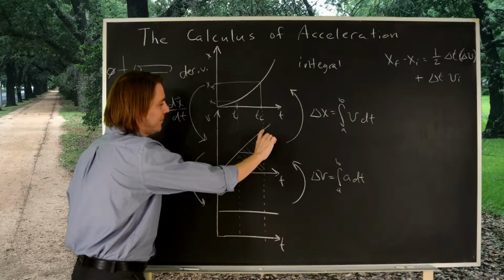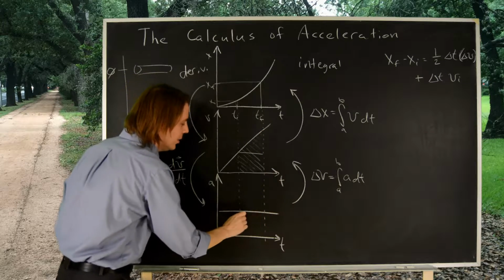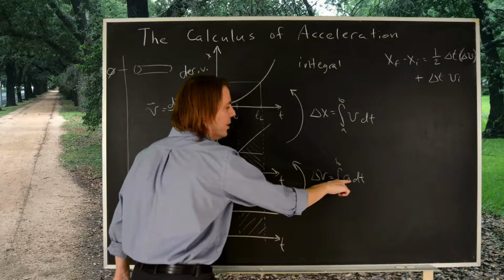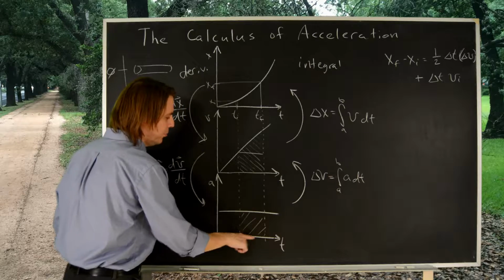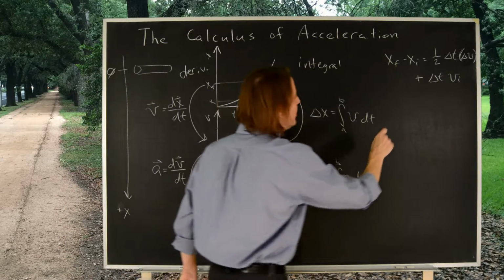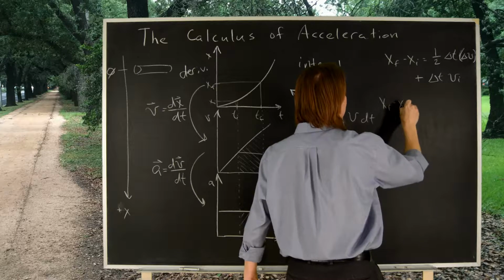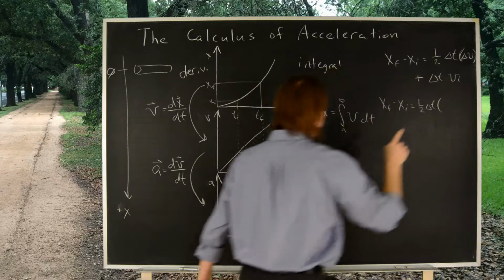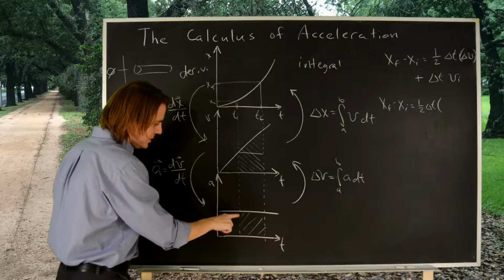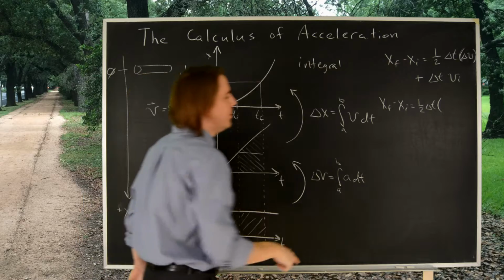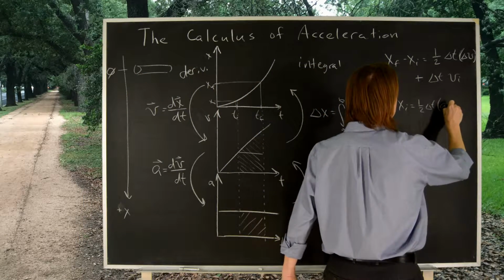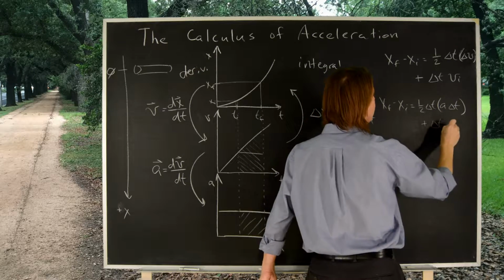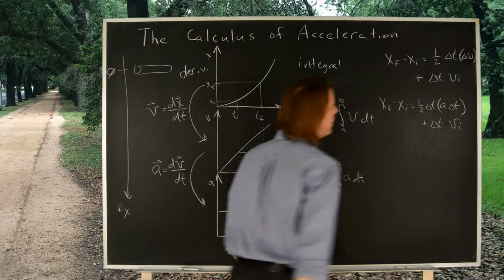That difference between final and initial velocity is the area under the acceleration curve, because delta v is equal to the integral of the acceleration as a function of time between the two points. So we could say then xf minus xi is 1/2 delta t times delta v, which is the height a times the base delta t, so a delta t, plus delta t times vi.